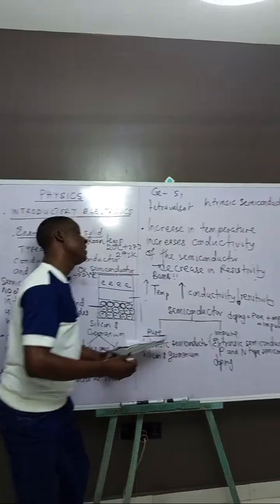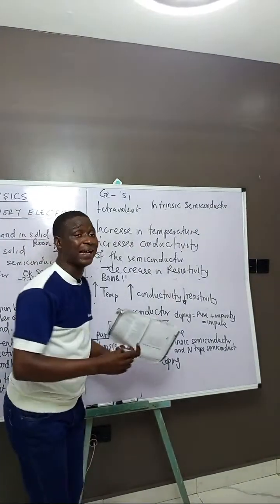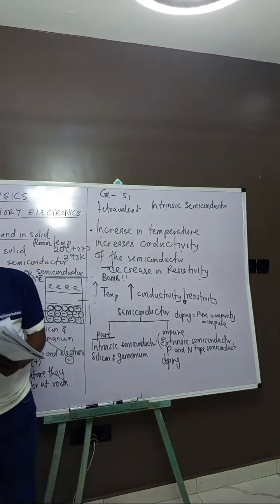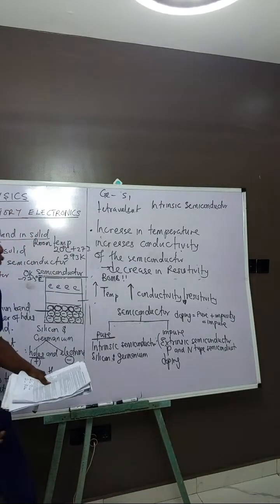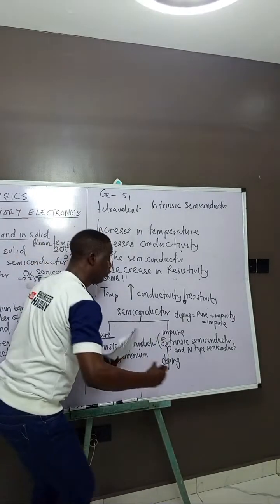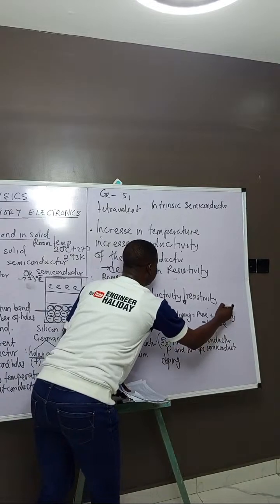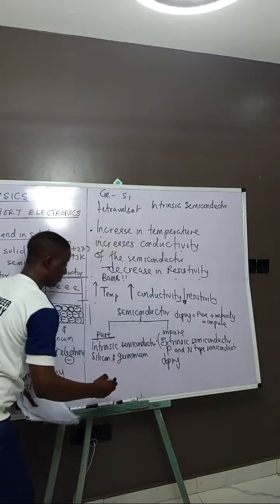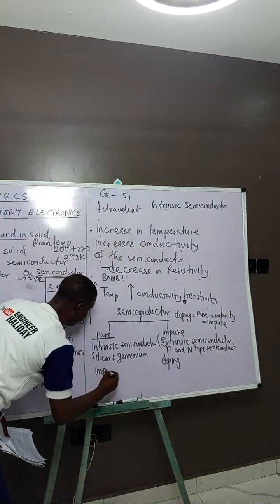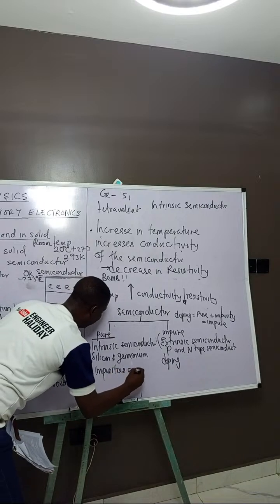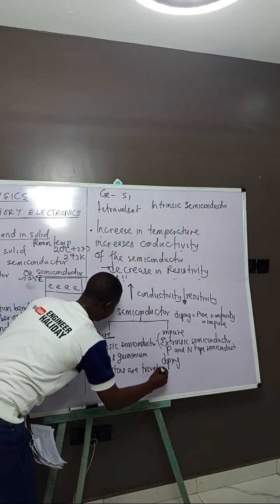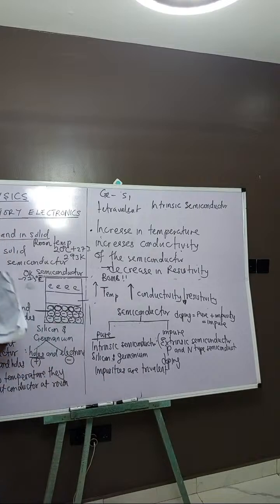Impurity can be of two types. There are two things that we use as impurities in extrinsic semiconductor: trivalent and pentavalent.